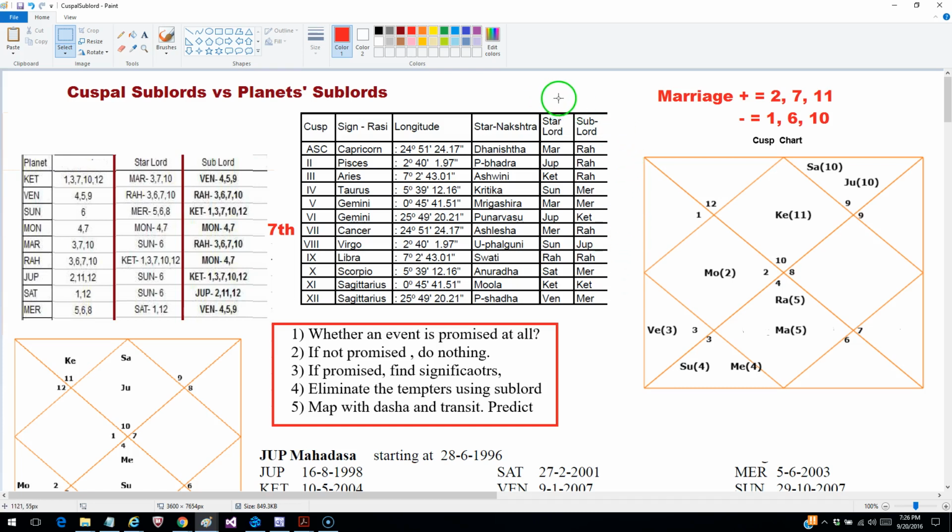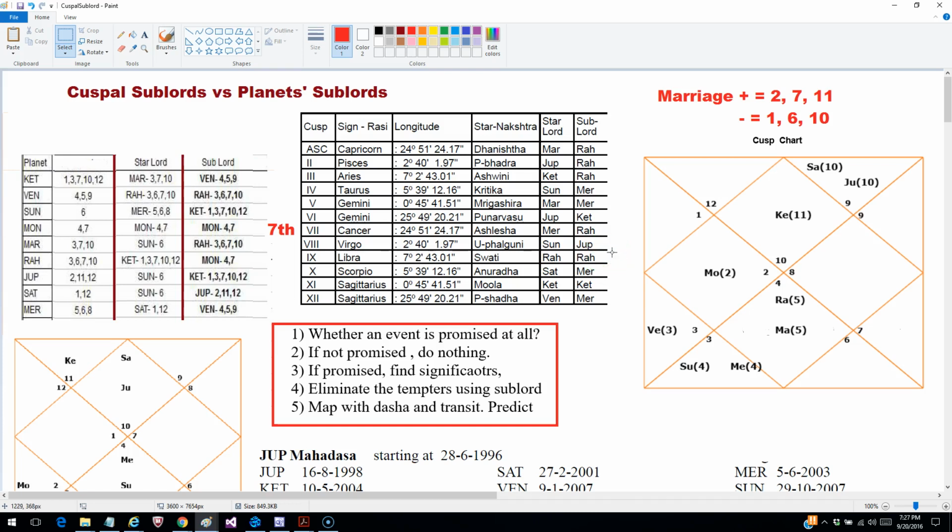So you can understand that unless and until you have a very precise birth time, you will not be able to confidently make a prediction based on the Cuspal sublord. But this is how the Cuspal sublords are used in the Krishnamurti Paddhati to find out a yes or no, black and white answer to a question.